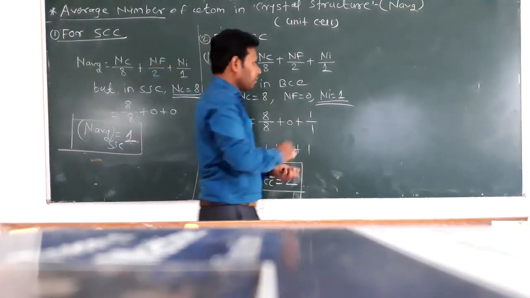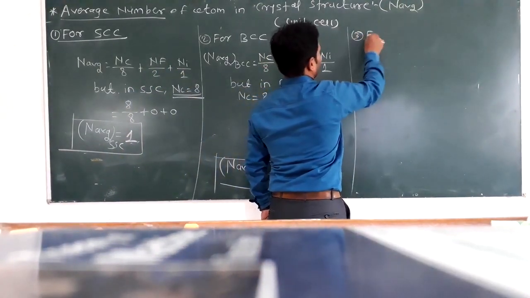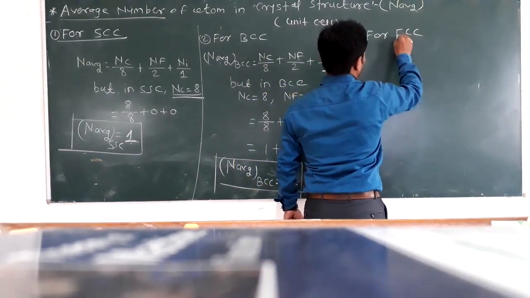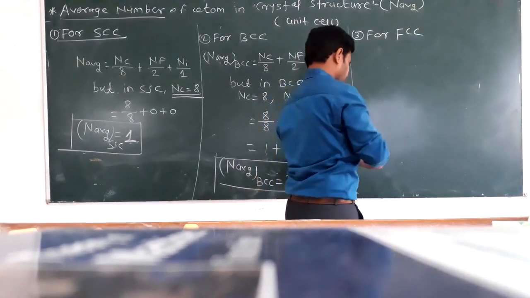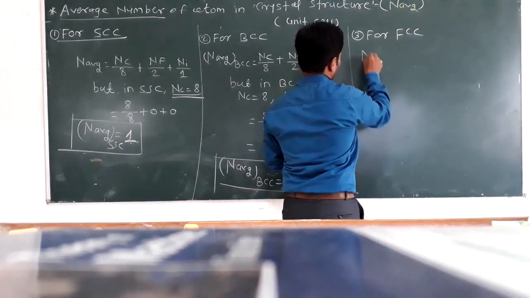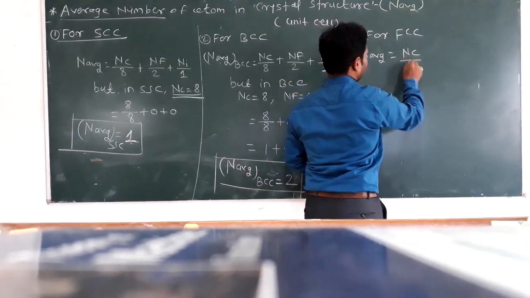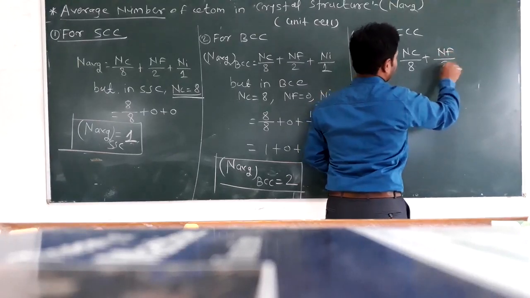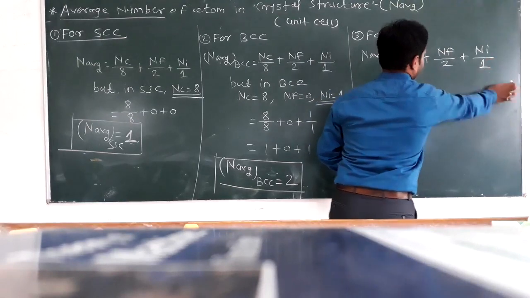And last, for the face center cubic structure FCC, once again the formula is N average equal to Nc upon 8 plus Nf upon 2 plus Ni upon 1.